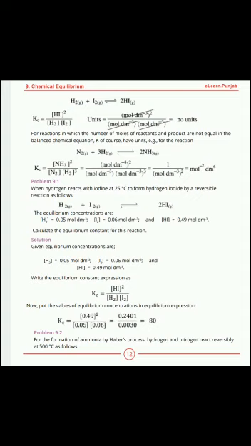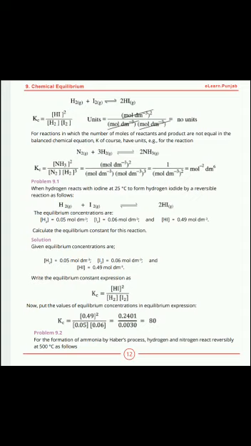In the definition of the law of mass action, you have already discussed units. Molar concentrations are written in square brackets and their units are mole per decimeter cube. By putting mole per decimeter cube, they have equal number of moles. In reactants 1 plus 1 is 2 and in the products 2 is written. So, there is equal number of moles, then no unit.